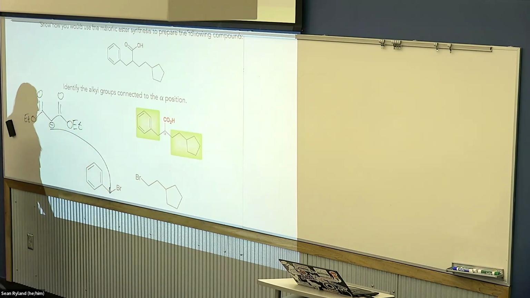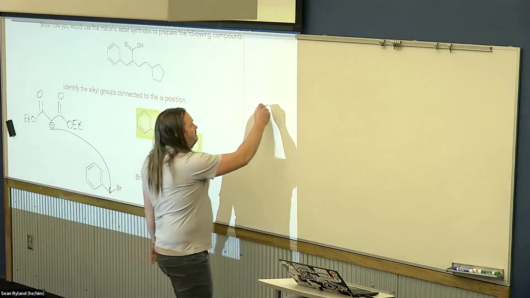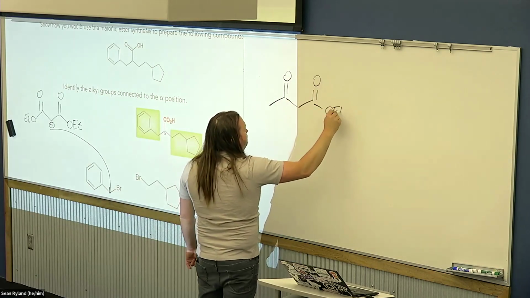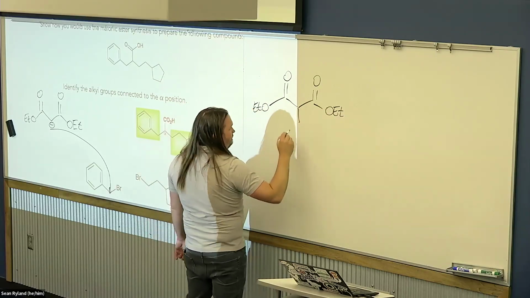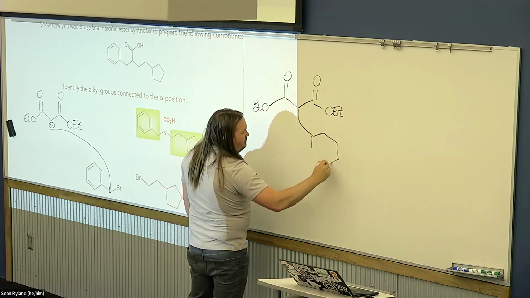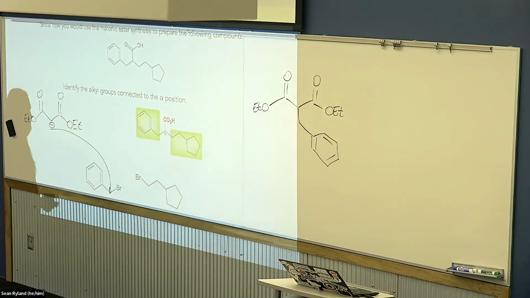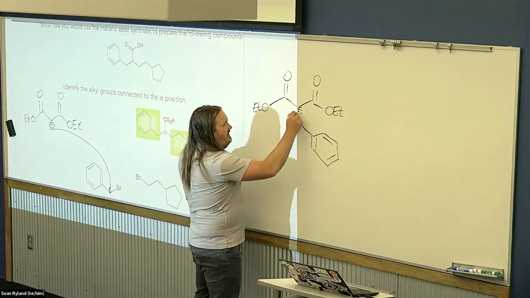So the first step is you make the enolate, and then you have to attack one of these. Then we wind up with an intermediate that's going to look like it has the benzyl group attached. If we then expose it to more of the base, we can make the enolate again.